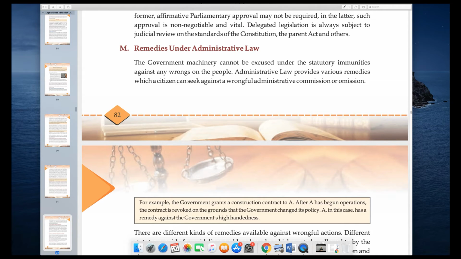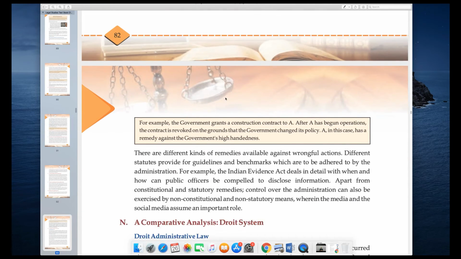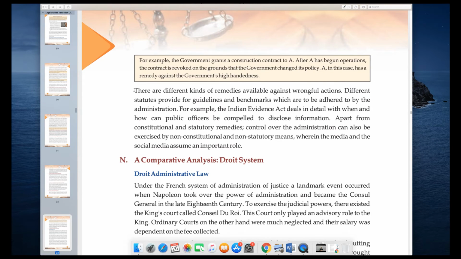So commission means did something that caused harm to people, and omission means didn't do something that it was obliged to do. In both cases, the common element is injury or harm to the people, so the respective authority will be responsible for that.